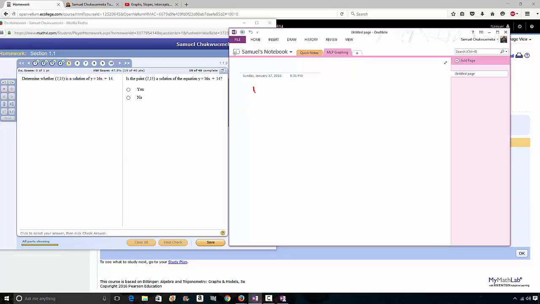I have that y is equal to 16x plus 14. My x is 7 because x is the first coordinate and then y is the second coordinate, 15. So I want to know whether 15 is equal to 16 times 7 plus 14.